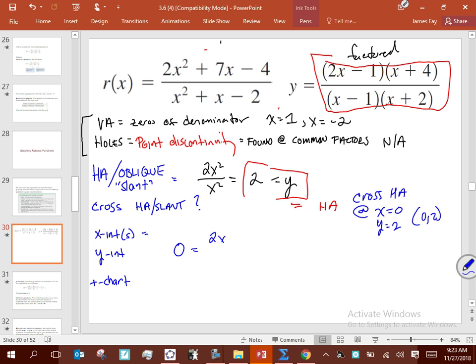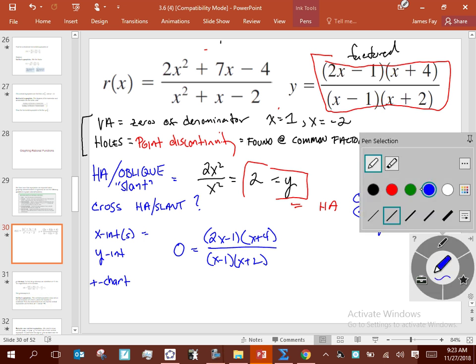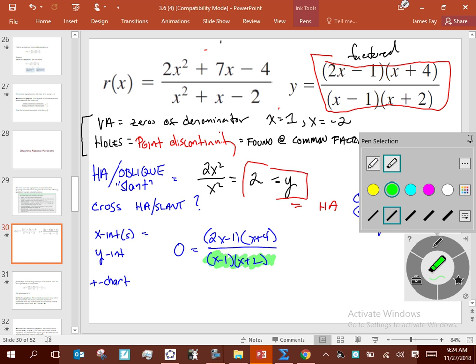Then I have 2x minus 1, x plus 4. Now I have x minus 1, x plus 2. Okay? Now, I'm going to highlight that denominator. Does it ever matter when I'm trying to find x-intercept? Does it ever matter what that green stuff is?